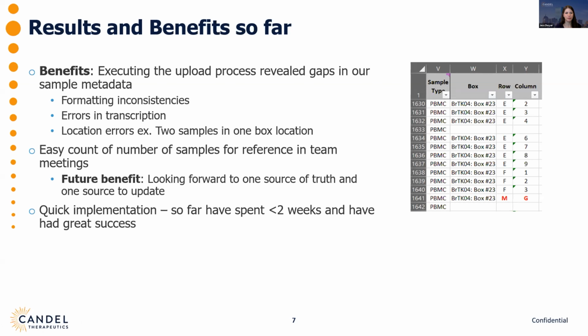An example of this is this typo here on the right. I don't know how this happened, but somehow me or someone else typed an M and a G in the row in the column location. But when the error was thrown, I could then find out where the sample actually was and fix it and register the sample.